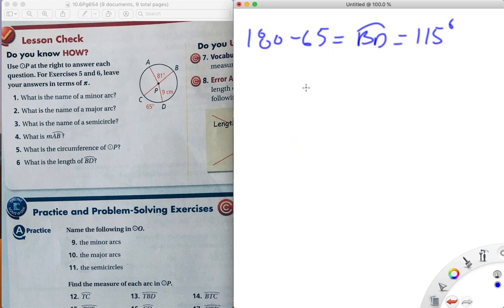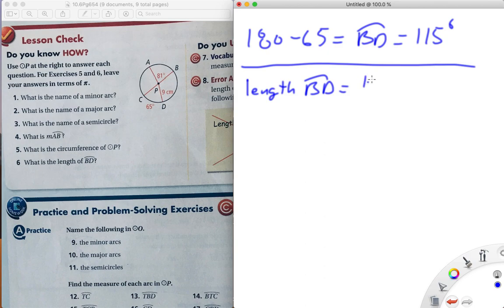So in order for me to find the length of BD, it's 115 degrees divided by 360 degrees times the circumference, which is 2 pi r, and we said that was 18 pi from before.